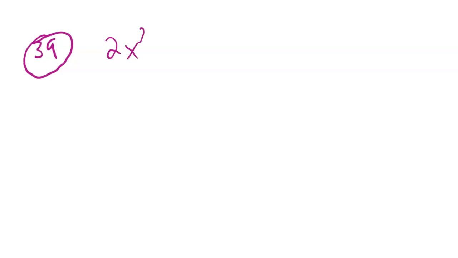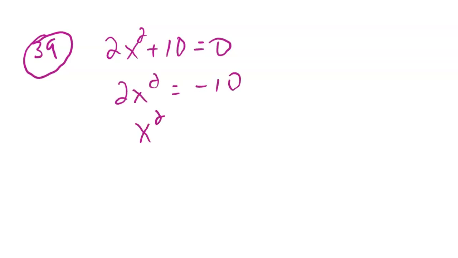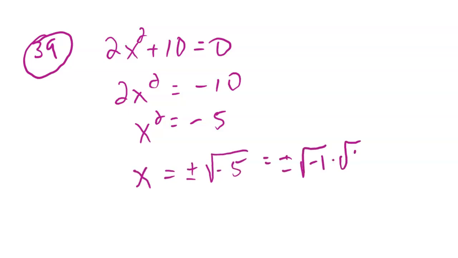I got 2x squared plus 10 equals 0. I'm going to go ahead and solve this. So I'll say 2x squared is equal to -10. x squared is equal to -5 when I divide both sides by 2. And skipping some steps, I'll get x is equal to plus or minus the square root of -5. But that's plus or minus the square root of -1 times the square root of 5.